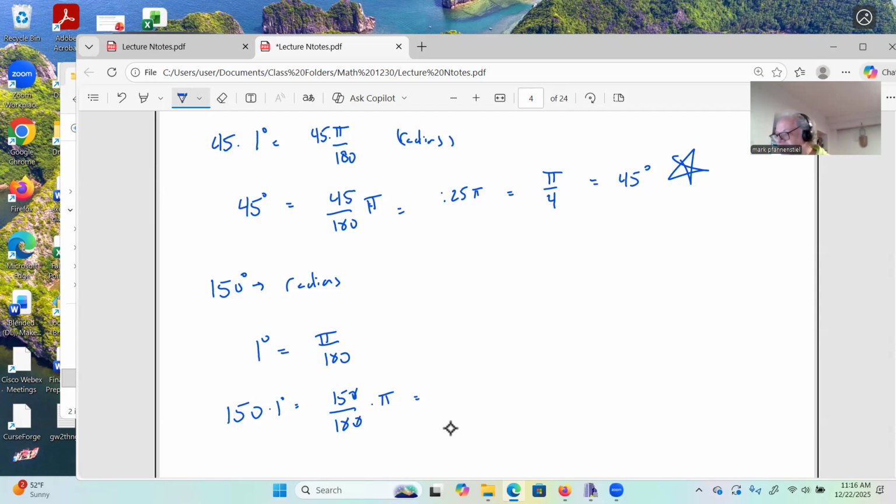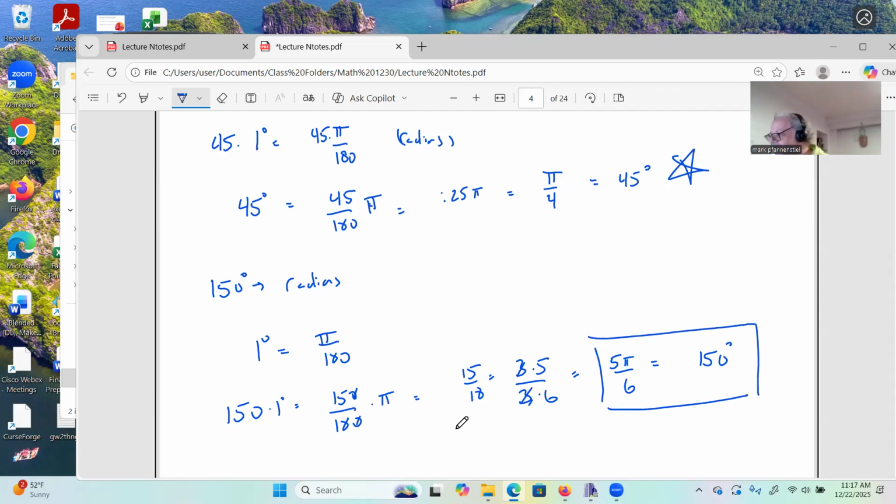We cancel our zeros and get 15 over 18. 15 is 3 times 5 and 18 is 3 times 6, so we can cancel the 3's. So this is 5 pi over 6 radians is equal to 150 degrees. You'll start seeing these a little bit faster when you do a couple of them.